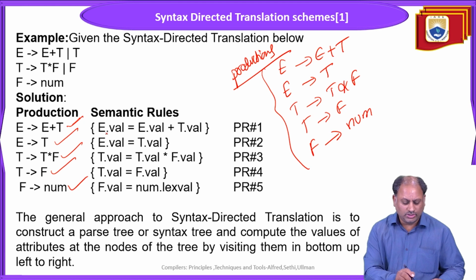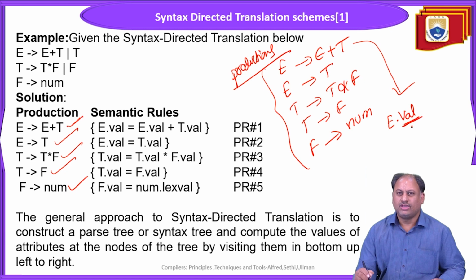For example, consider the first production E derives E plus T. For this, we represent a notation of type E, so we write E dot val. This is the attribute association of this particular variable E. This attribute association, the dot val, together represents the semantic rule of that particular variable.